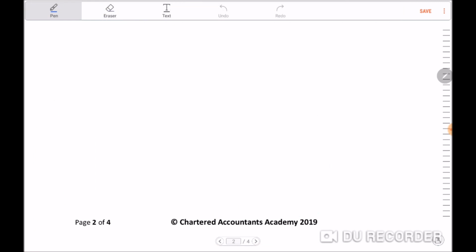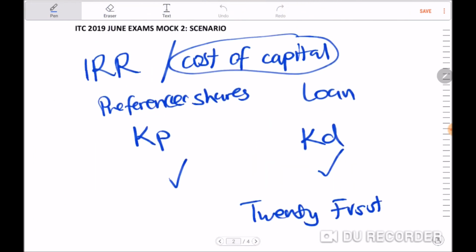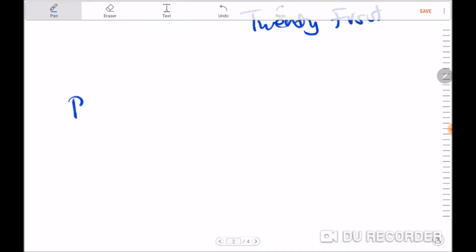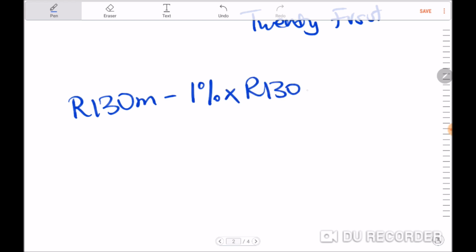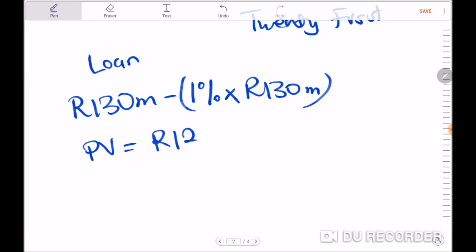So by the time we receive the money from the bank, it will be 130 million less 1% multiplied by the same 130 million, which is the transaction cost. So in terms of my present value, I'll be left with something like 128.7 million. So this becomes my present value.